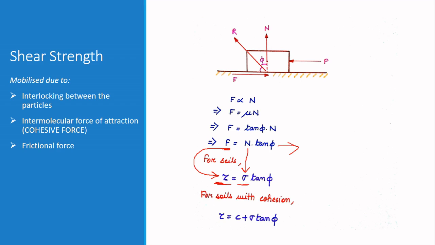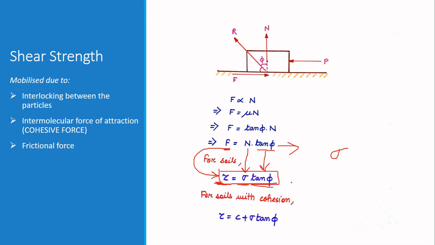You have learnt in module 2 that total stress is denoted by sigma, and tan phi is left as it is. So the equation for shear strength or shear resistance in soil is tau is equal to sigma into tan phi.